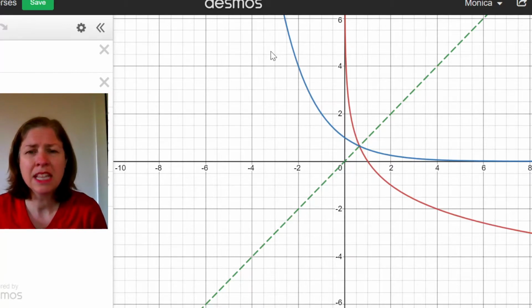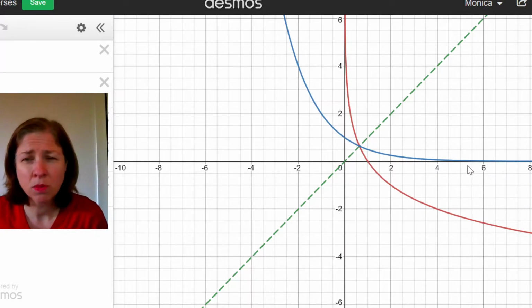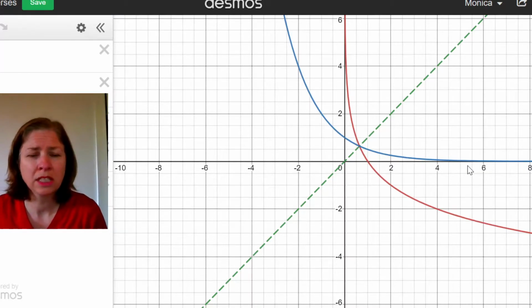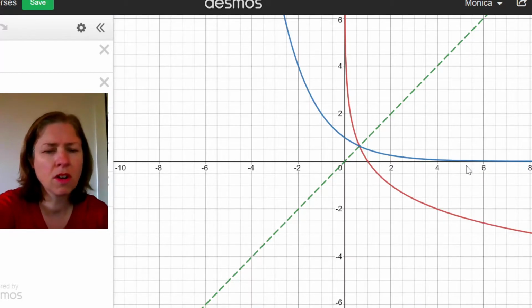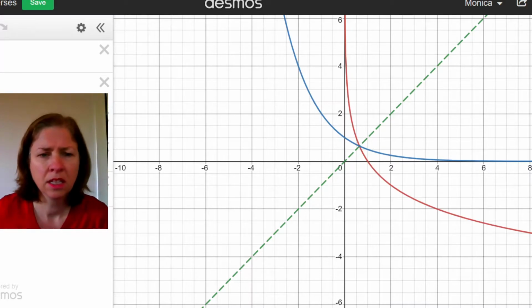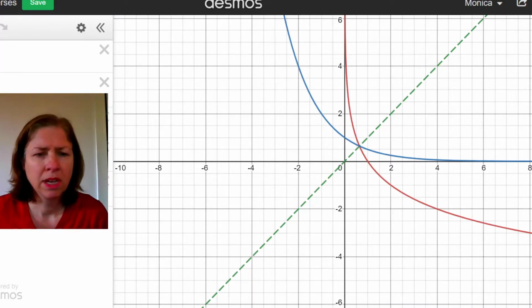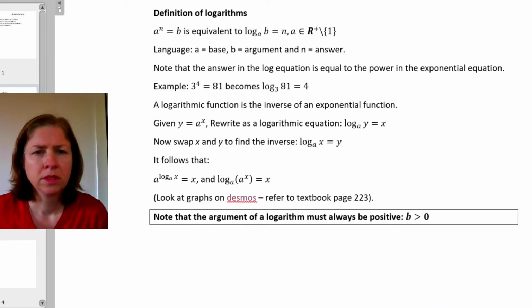But you can see that the logarithm has a vertical asymptote, and the original exponential function has a horizontal asymptote, because x and y are swapped, so the asymptotes also get swapped. All right, so that's just a quick look at that. Let's go back to our notes.